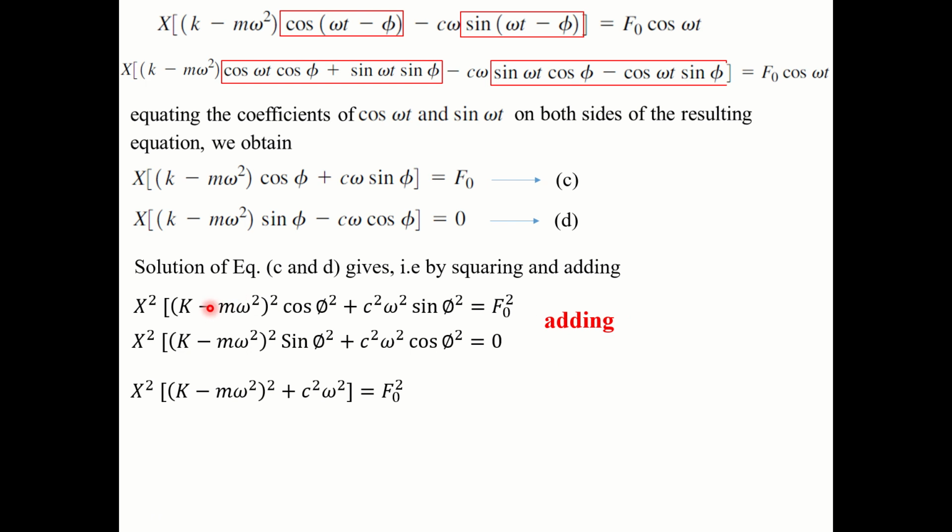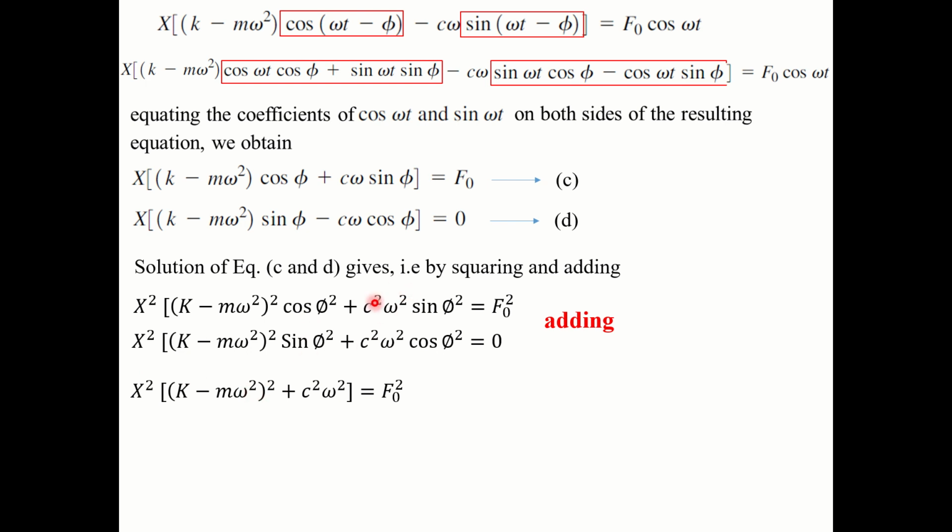In this term, x square (k minus m omega square) whole square, these two are common, right? If I add these two terms, these terms will be common. See here, x square (k minus m omega square) whole square appears in both. The only difference is cos square and sin square. If we add them, it becomes this term into (cos square plus sin square). Cos square plus sin square is always 1. So what remains is x square (k minus m omega square) whole square.